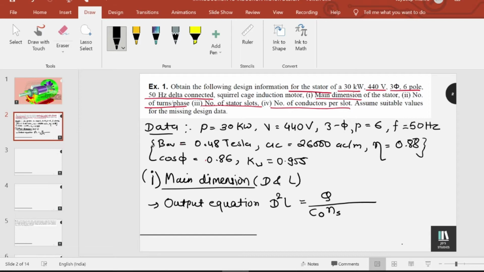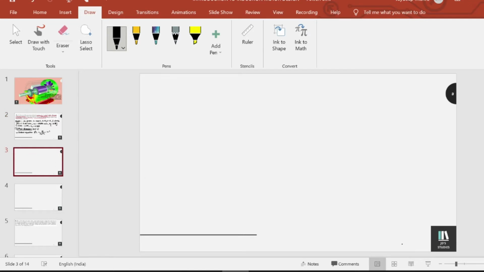And what is C0? Here C0 for the induction motor is 11 BAV AC, winding factor Kw, then eta, then cos phi, into 10 raised to minus 3.